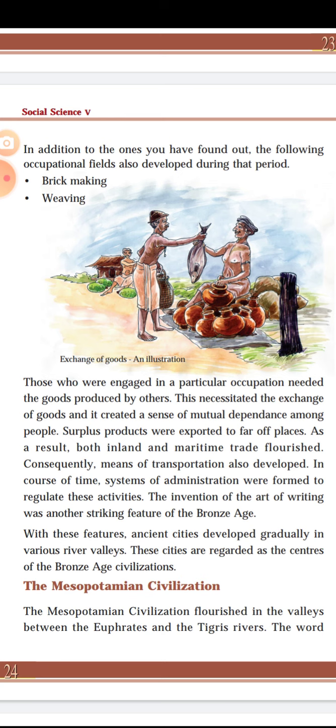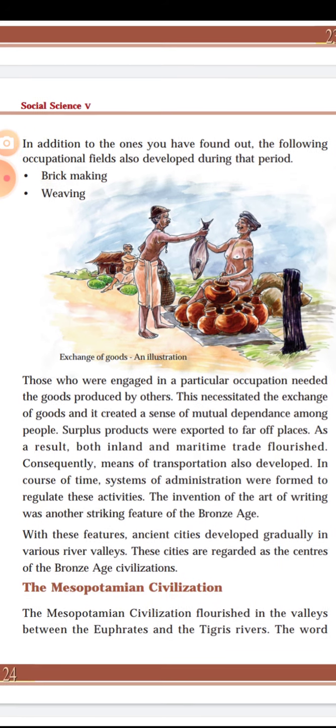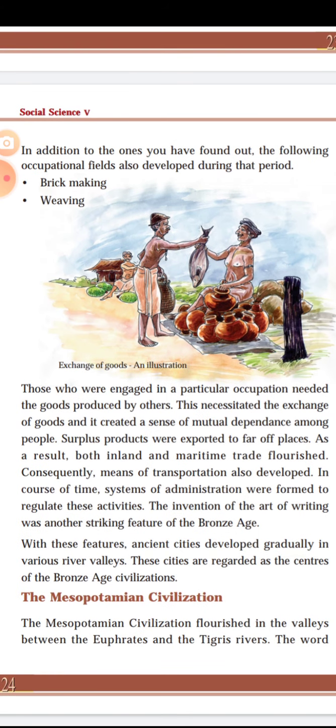Okay, got it? People exchanged these food products, trades developed. Then transportation developed, administration was formed, and the art of writing was another important feature of this Bronze Age. Art of writing. Art of writing was another feature of this Bronze Age.